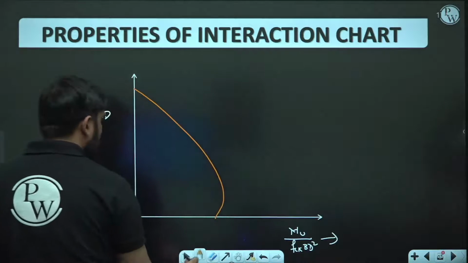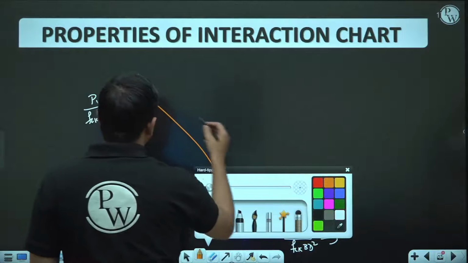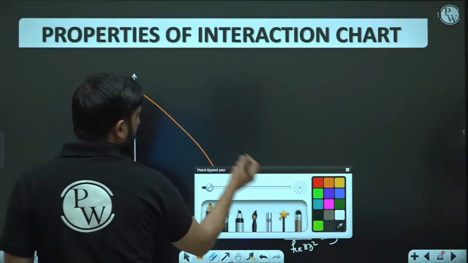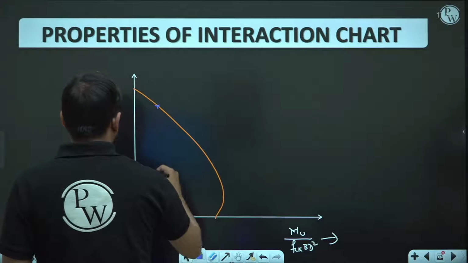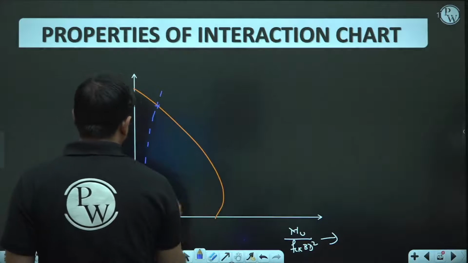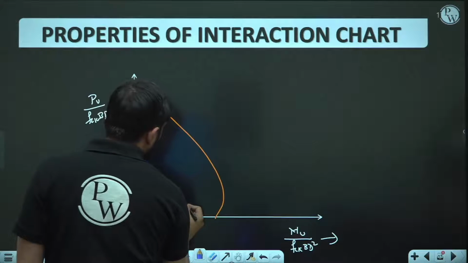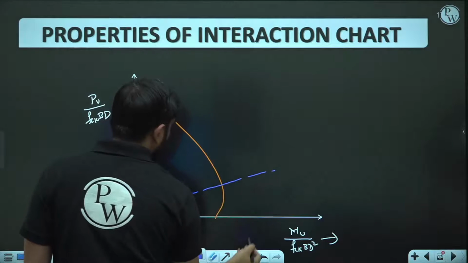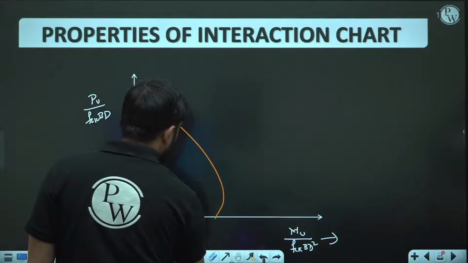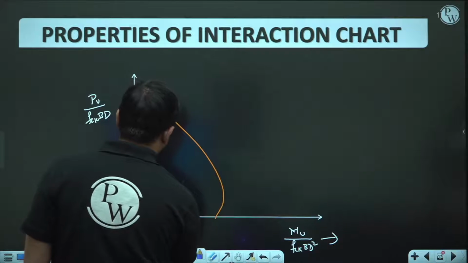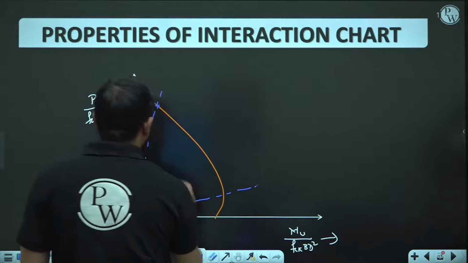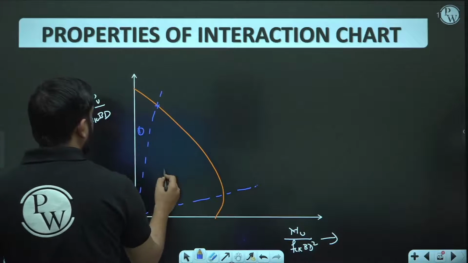So there are a total of 3 zones: zone number 1, zone number 2, and this is zone number 3.